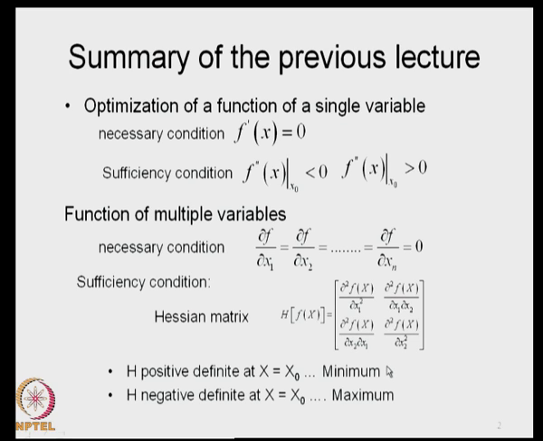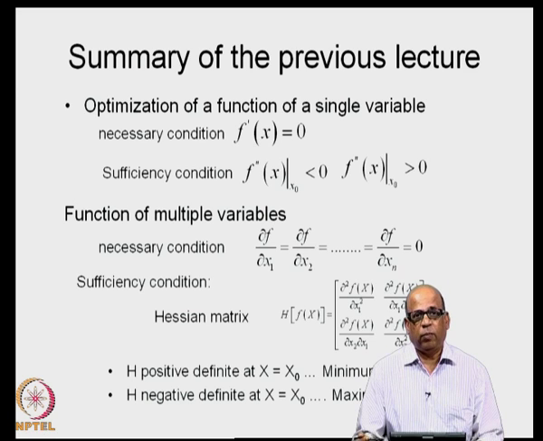If the Hessian matrix is negative definite, then the stationary point corresponds to a maximum value. We have also seen what a positive definite and a negative definite matrix is. If all the eigenvalues of the Hessian matrix are positive, then the Hessian matrix is positive definite. If all the eigenvalues are negative, then it is a negative definite matrix.